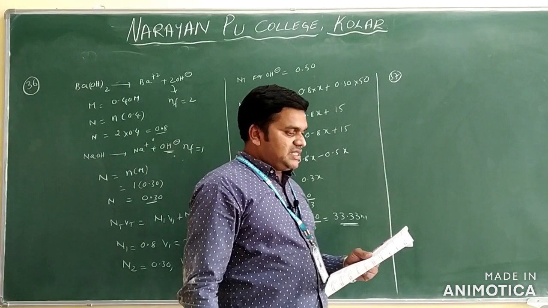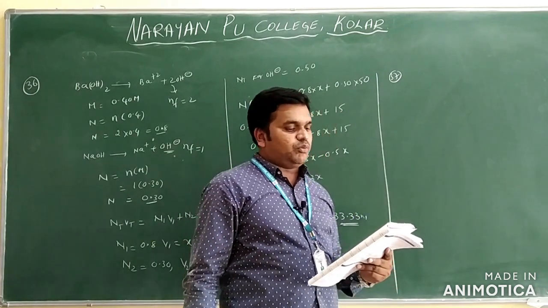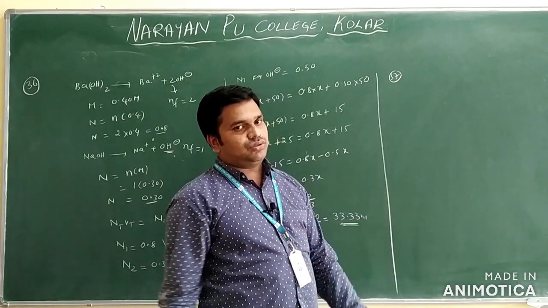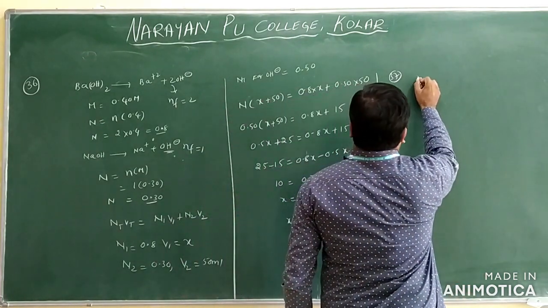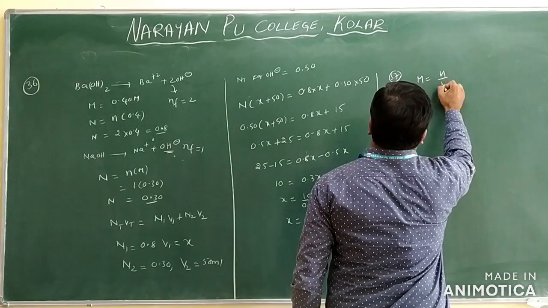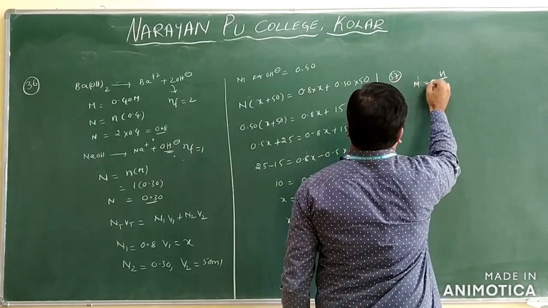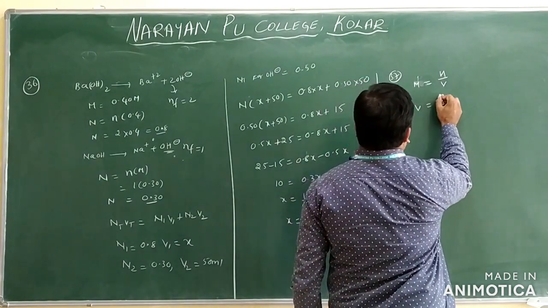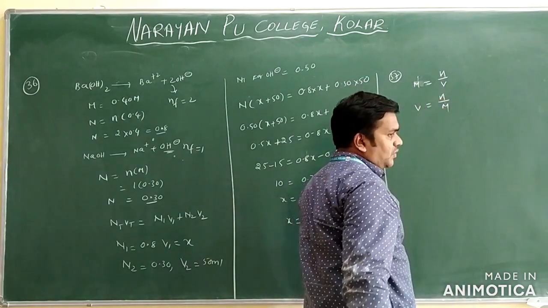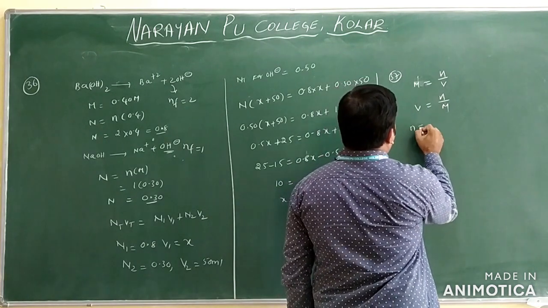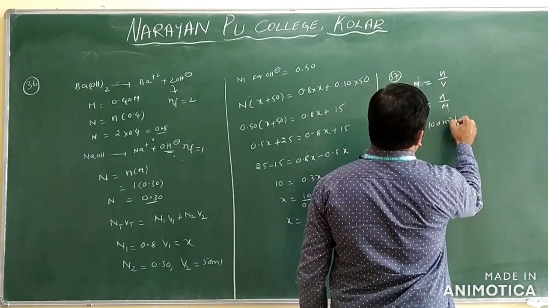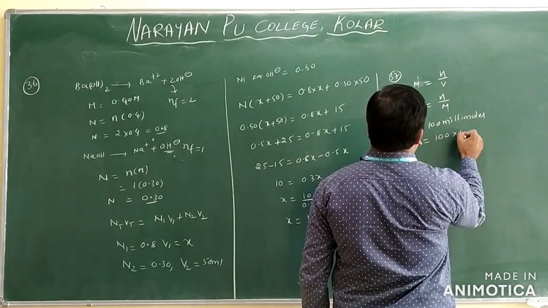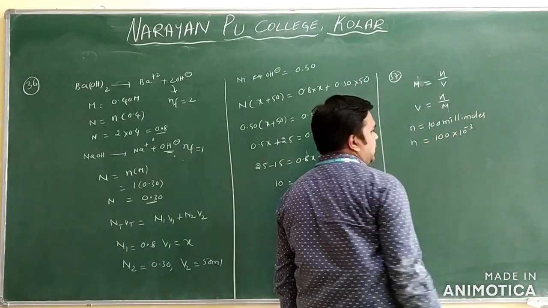Next you can see question number 37. What is the volume of 0.8 molar solution that contains 100 millimoles of the solute? They are asking volume. You know the molarity formula, M is equal to n by V only. Volume V is equal to n by M only. n is given as 100 millimoles, that means 100 into 10 power minus 3 only.